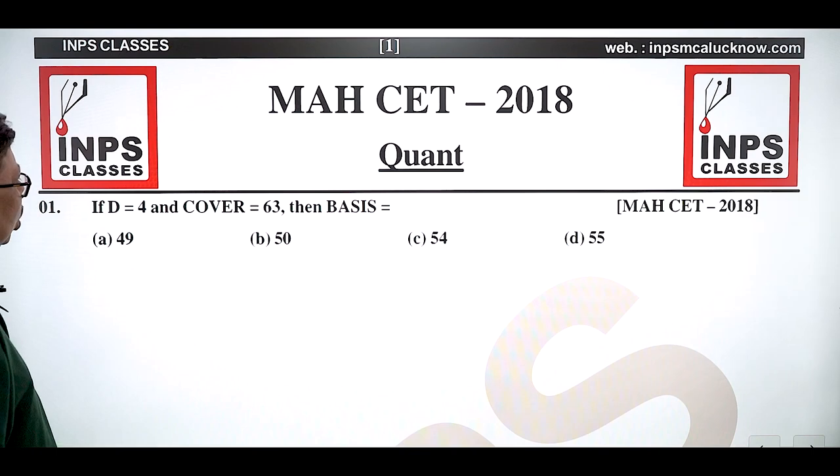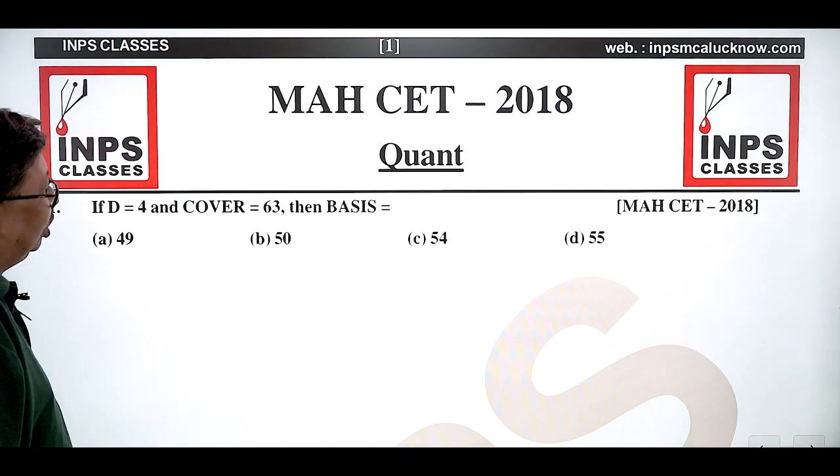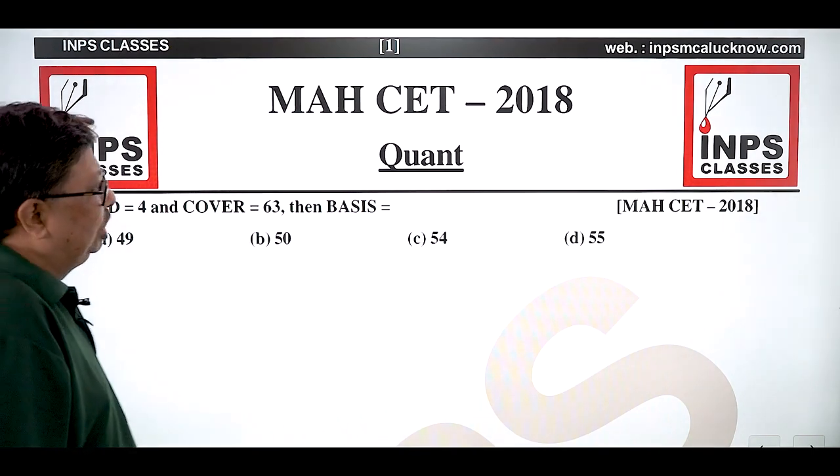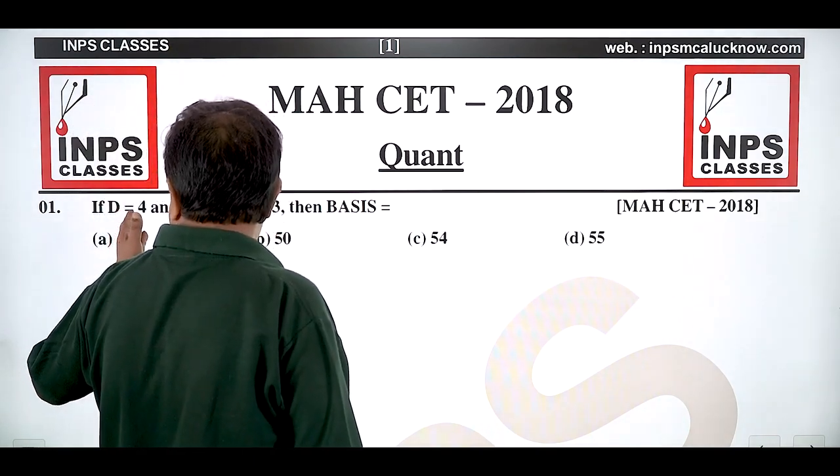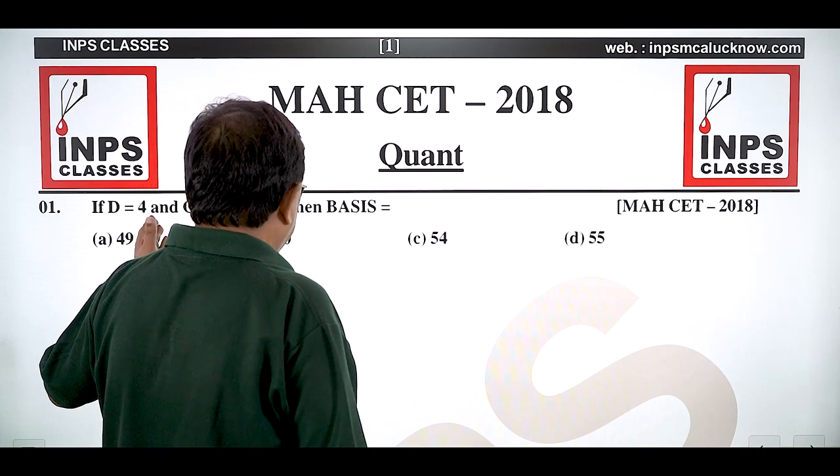He says here, if D is equal to 4 and cover is equal to 63, basis is equal to what? Now D is 4 means the letter D is 4th in rank.